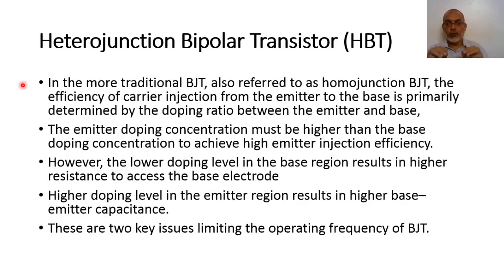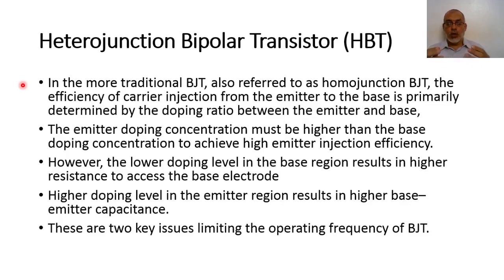So the resistance of the base is great, and the number of carriers in the emitter is very large compared with the base, which increases the junction capacitance between the emitter and the base. And as we mentioned in the previous video, the cutoff frequency of the transistor is inversely proportional to C pi, the junction capacitance between the emitter and the base.